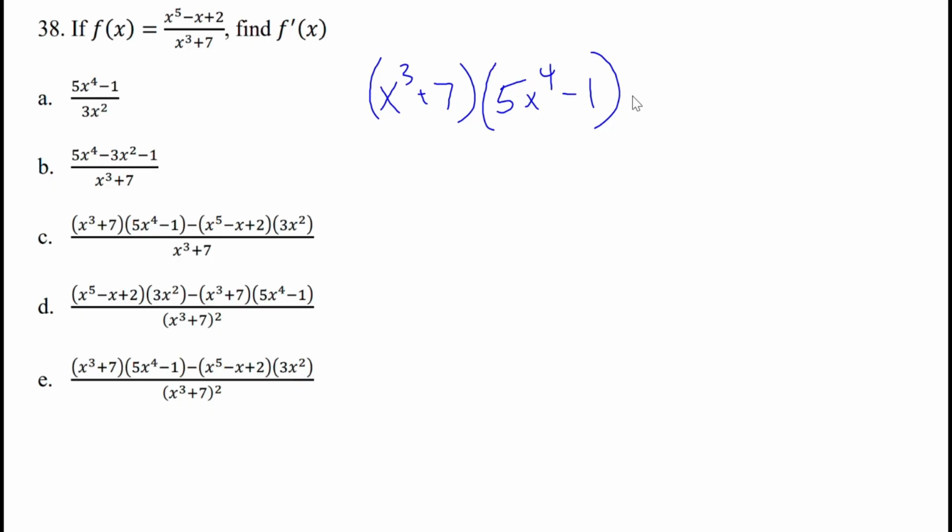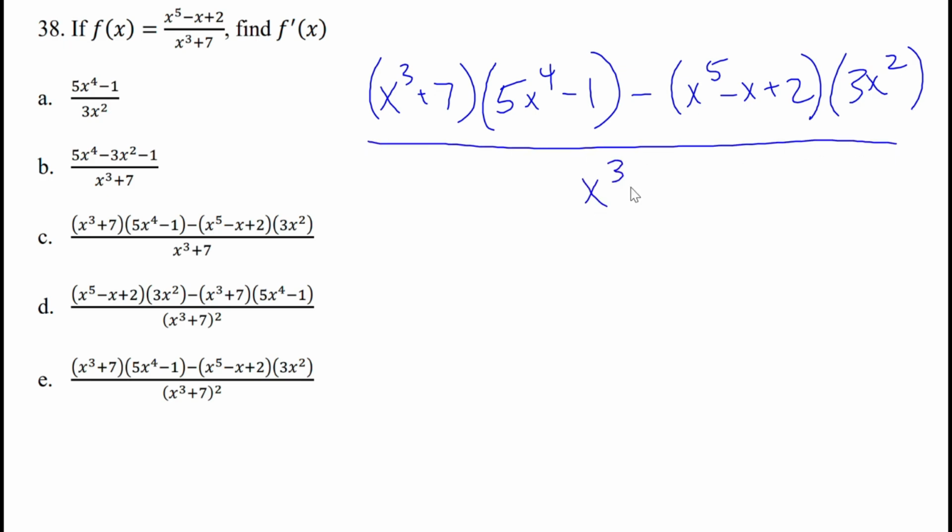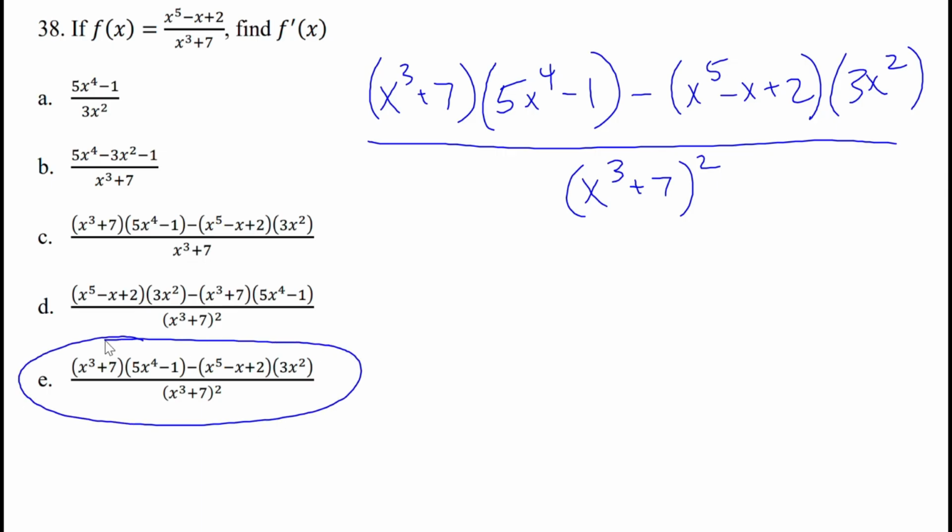So that's v du. And then minus the numerator, so x to the 5th minus x plus 2, times the derivative of the denominator, which will just be 3x squared, all over the denominator squared. And so it looks like that looks just like answer choice E. So got E for number 38.